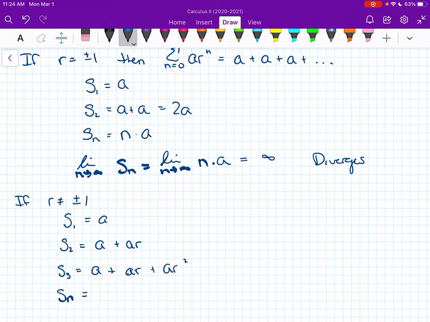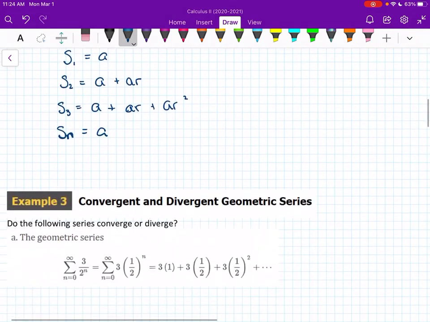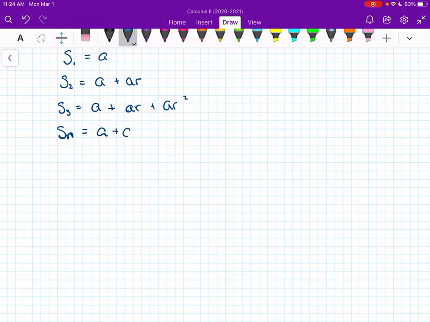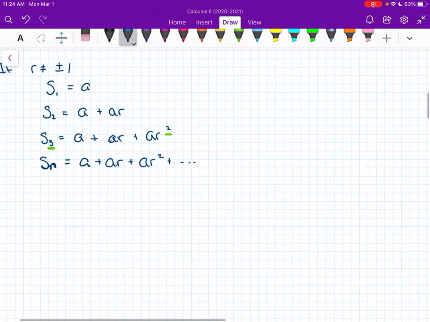And my nth partial sum is going to be a plus ar plus ar squared plus dot dot dot. And notice that the index on my partial sum and my exponent are off by one. So my last term here is going to be a times r to the n minus 1.